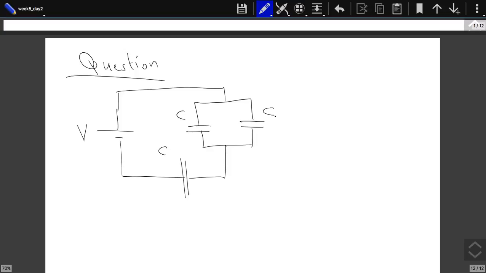So let's say this will be negatively charged. Eventually, this is negative, this is positive. These plates will be positively charged. What is the charge in this plate? So that's basically the question.